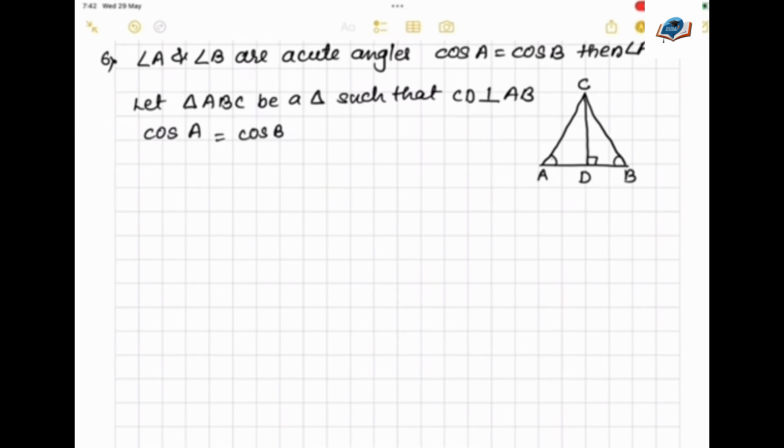Cos A equal to cos B, that is given. So cos A is AD upon AC equal to cos B. So cos B will be BD upon BC. So AD upon BD equals AC upon BC.